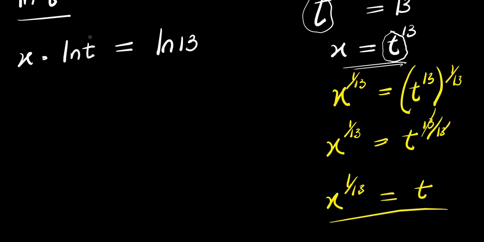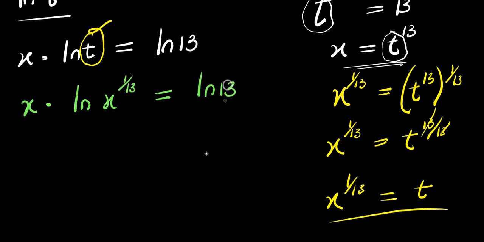So we are going to replace this t here with x power 1/13. That means we will have x times ln of x power 1/13 equals ln 13.